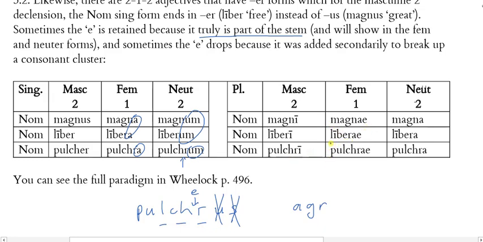Magni, liberi, pulchri. And then neuter. Magna, libera, pulchra. All right. If you want to see the full paradigm, look on page 496 in the Wheelock grammar, and you'll get to see all of the cases for these forms. All right, great.